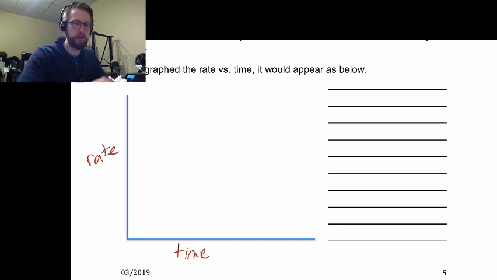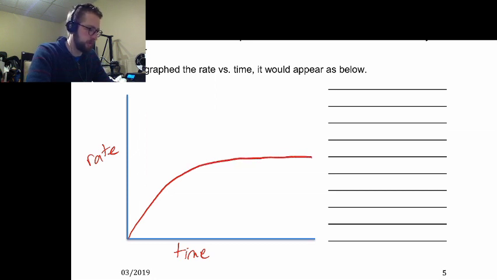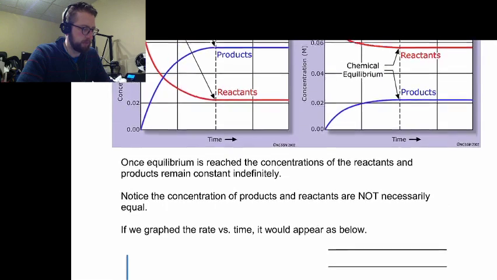So the interesting thing here is that the rate of reaction for the forward reaction is going to be slowing down. So the forward reaction will begin to slow down, like so. So this is the rate of forward, and it begins quickly.